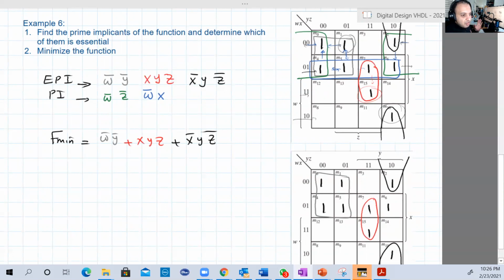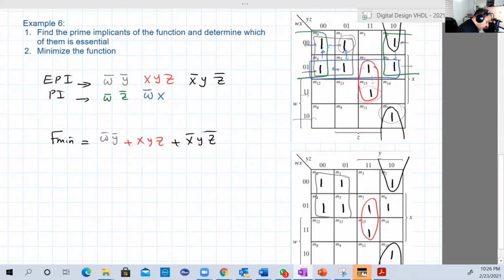You can take whatever you want, because these two groups have 4 ones, so they will lead to the same number of literals in the term. If one of the groups had 8 ones and the other had 4, you should choose the one with the higher number of ones. So you can take the green or the blue.